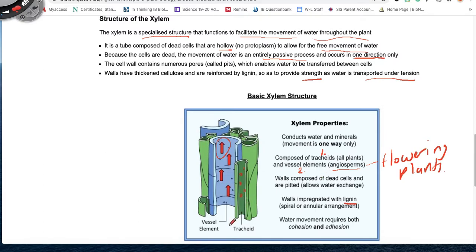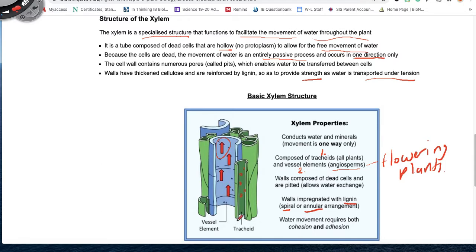Because remember, the water is moving from high pressure to low pressure, so the walls of these vessel elements and tracheids have to be reinforced with this lignin. Now the lignin is arranged in different ways. There could be spiral or annular arrangement of lignin, and we'll see that in just one moment.